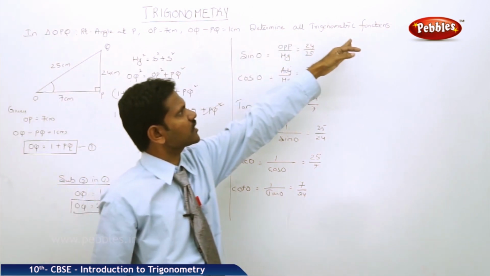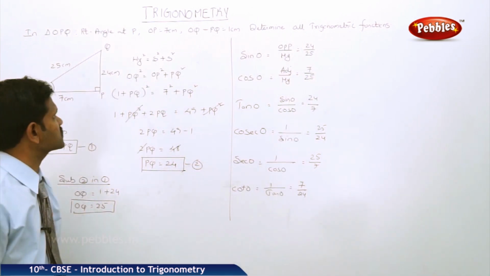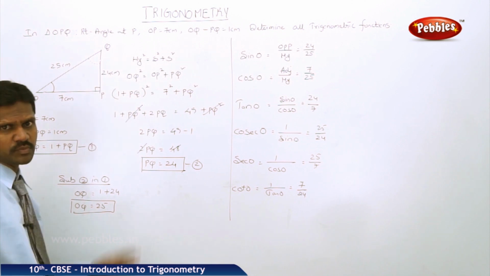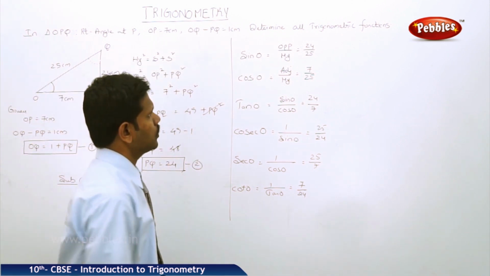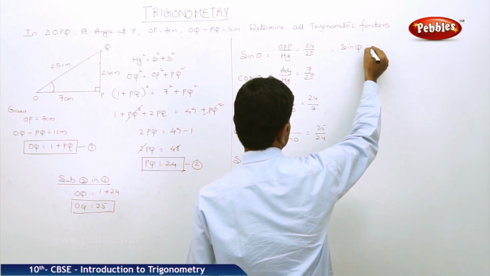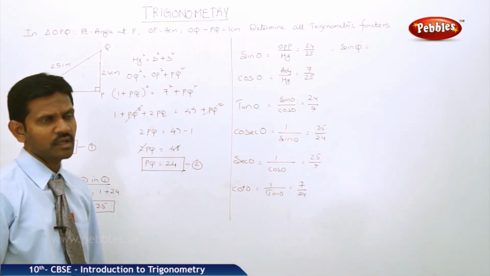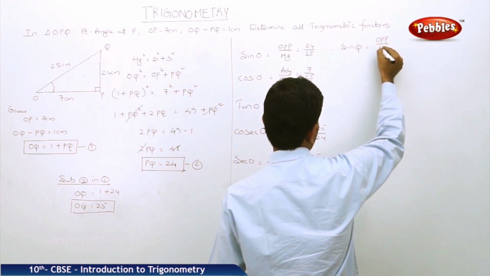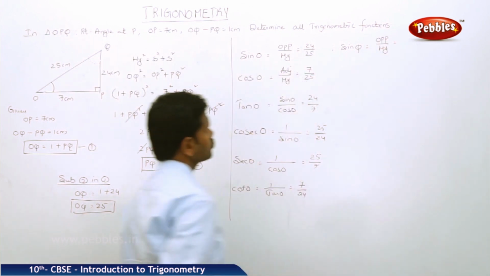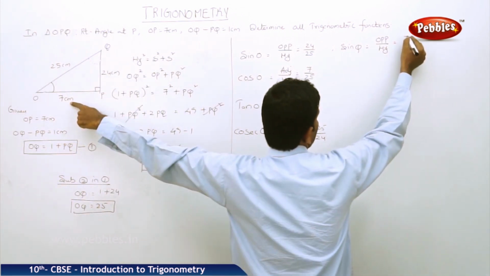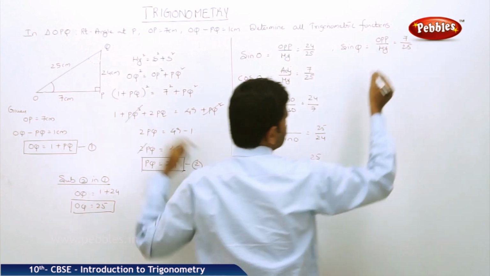Similarly, determine all trigonometric functions for the rest of the angles. Angles O and Q are both there, which means you have to find both. Now sin O is over, similarly you have to find sin Q. Sin Q is equal to opposite side to Q by hypotenuse. The opposite side to Q is 7, so 7 by 25.